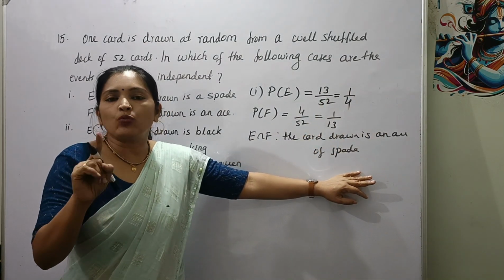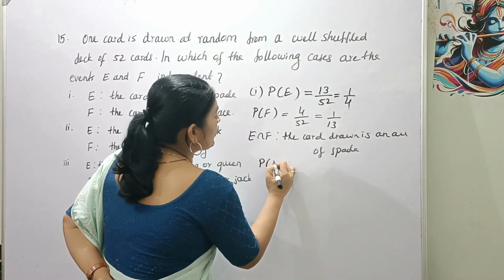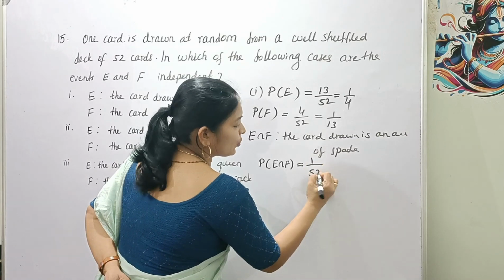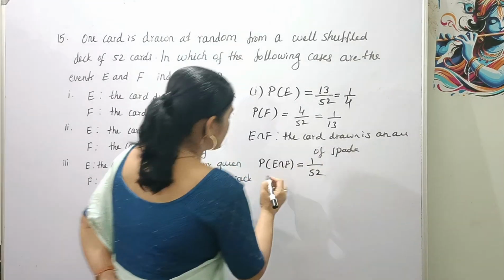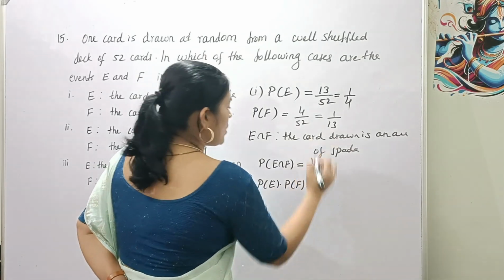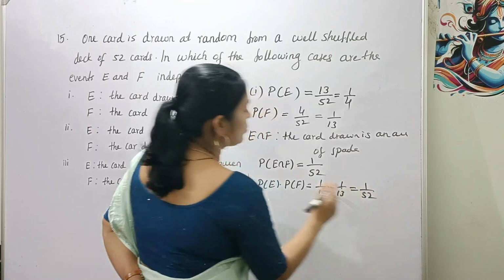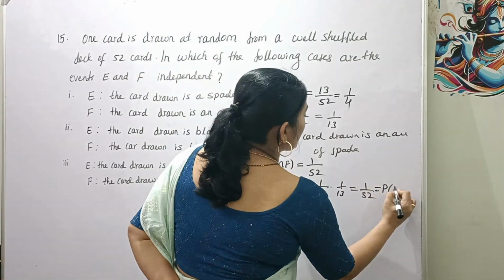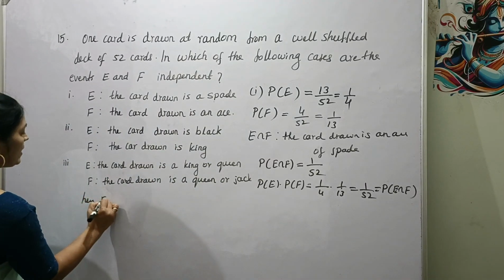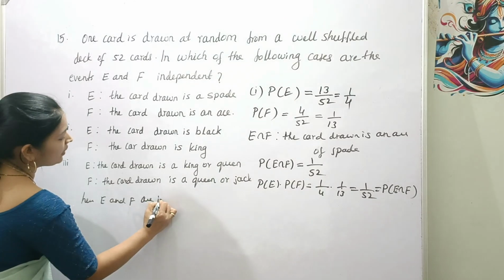There is only one ace card of spade. Therefore, probability of E intersection F is equal to 1 by 52. Now let's take probability of E into probability of F, that is 1 by 4 into 1 by 13, that is equal to 1 by 52, that is equal to probability of E intersection F. Hence, E and F are independent events.